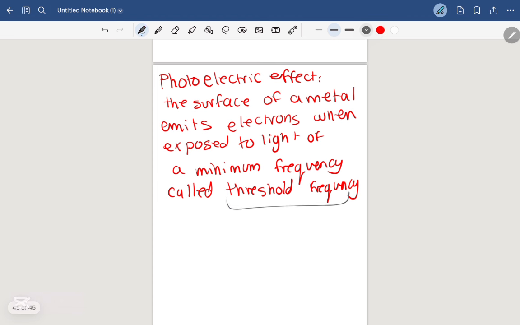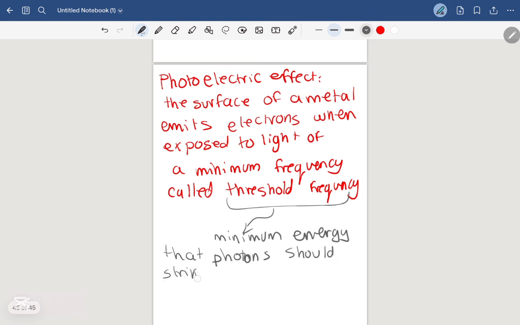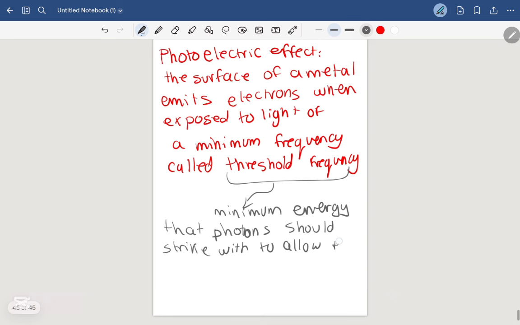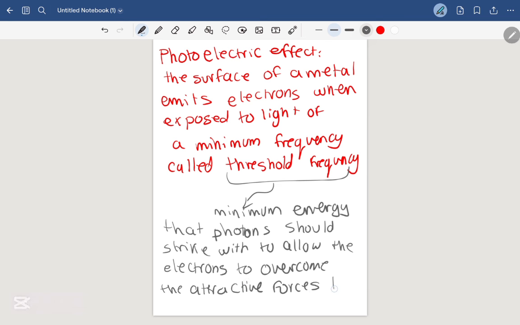Now, what exactly does this threshold frequency mean? This threshold frequency means that it's the minimum energy that photons should strike with to allow the electrons to overcome the attractive forces that hold them in the metal.